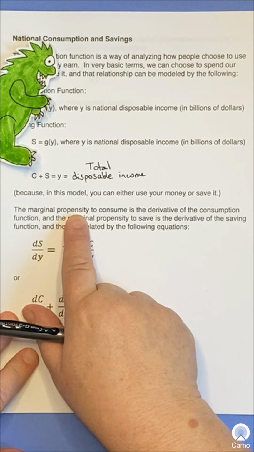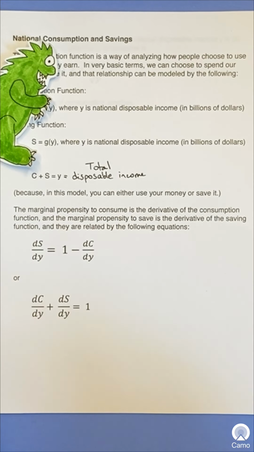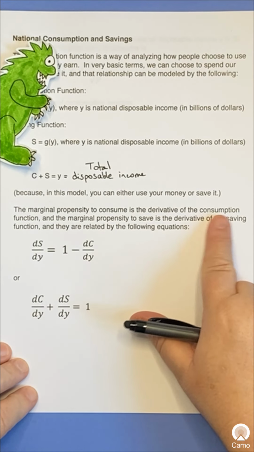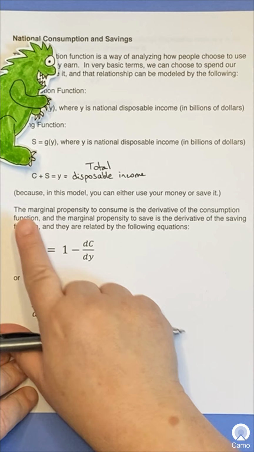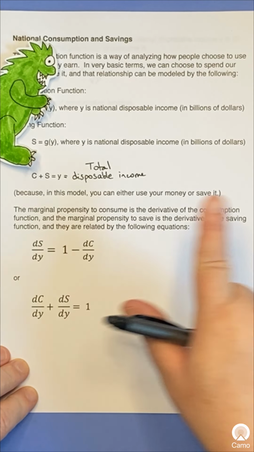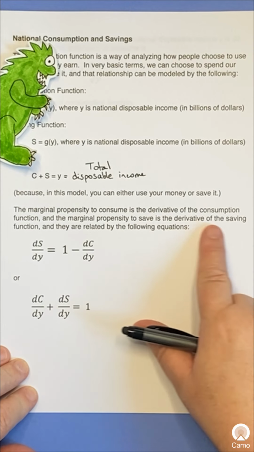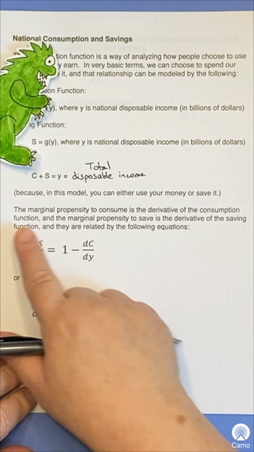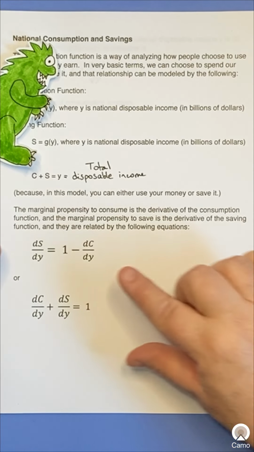Your marginal propensity to consume is the derivative of the consumption function. And the marginal propensity to save, same thing but on the saving side, is the derivative of the saving function. And they are related like this.